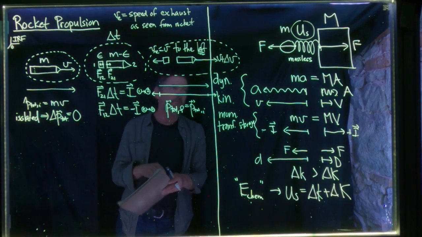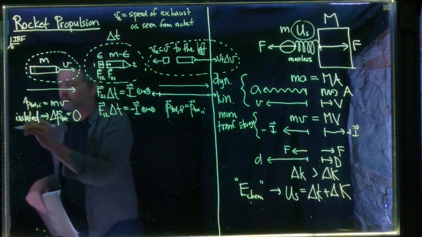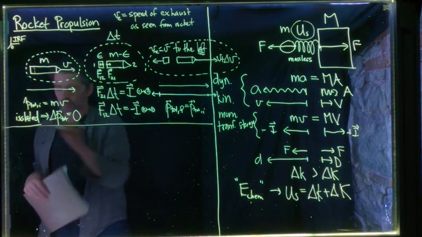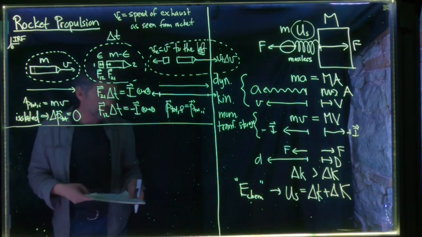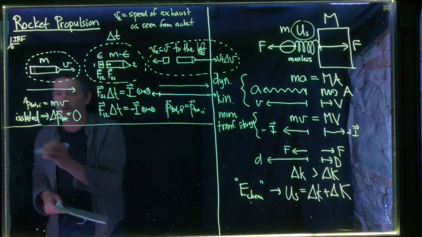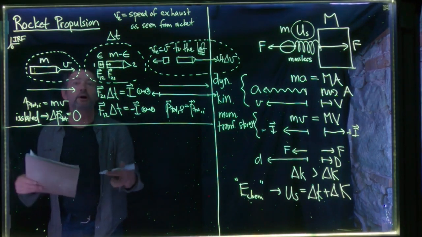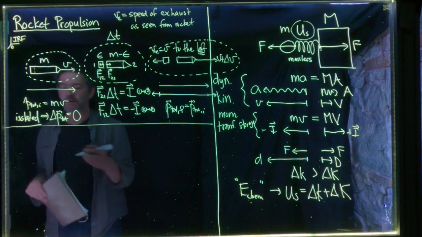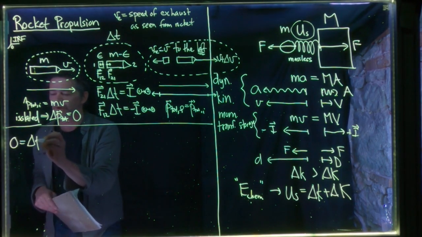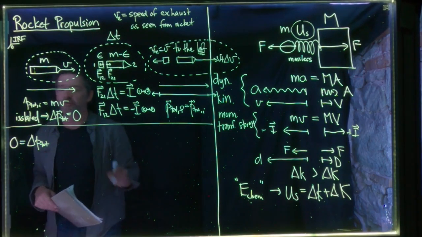So I think that's basically it. Now let's do some math. Let's come up with an important equation called the rocket equation. All right, so let's see. Do I have enough room to do this? Maybe. Okay, we apply conservation of momentum in the form that the momentum of an isolated system never changes. So 0 is equal to the change in the total momentum.